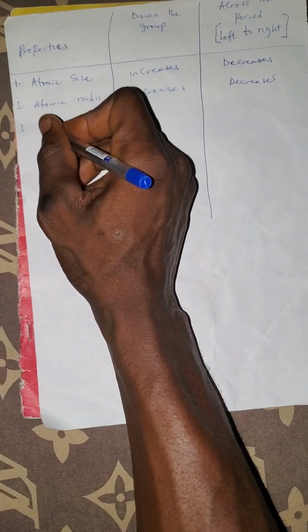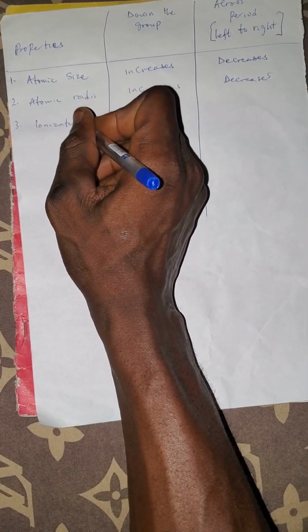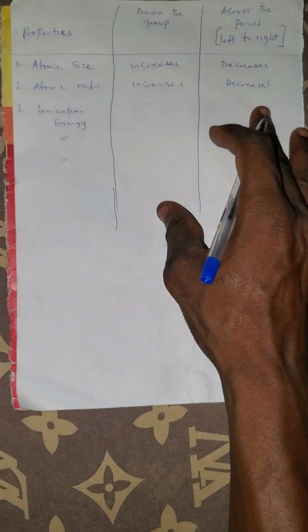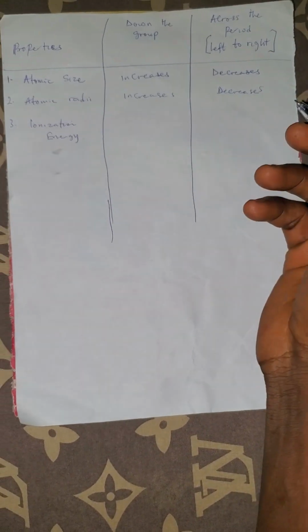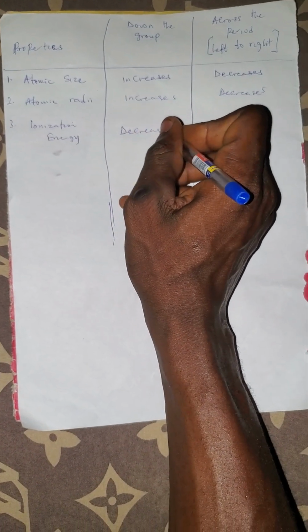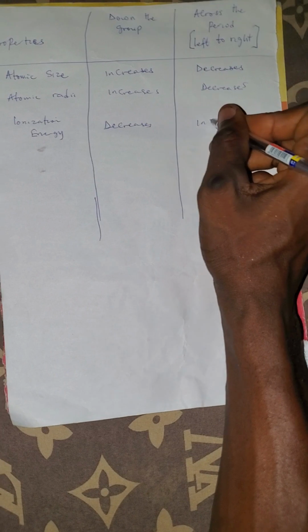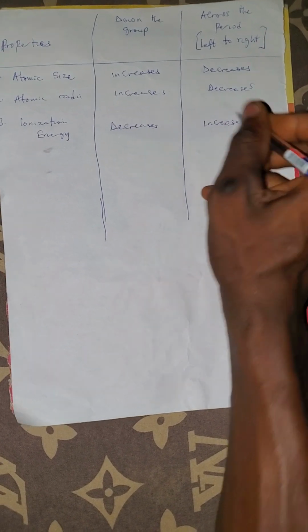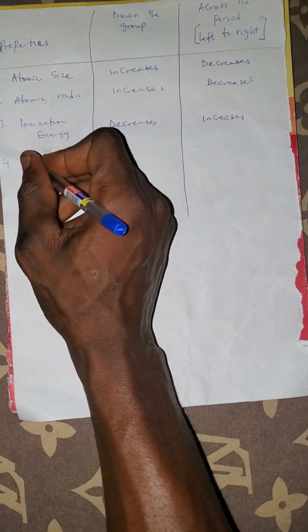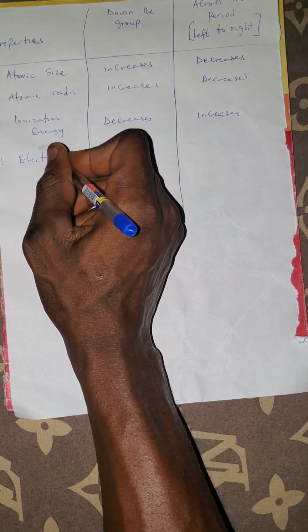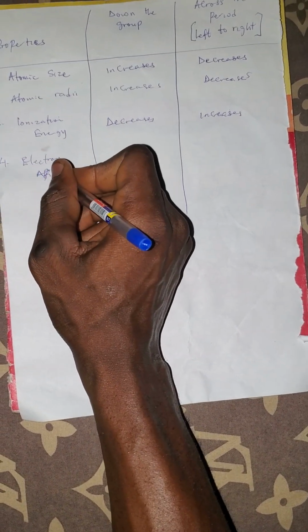Number 3, we have the ionization energy. Because of my time, let me just give you the short version, and I will be explaining in the other aspect. It decreases down the group and it increases across the period. Number 4, we have the electron affinity.